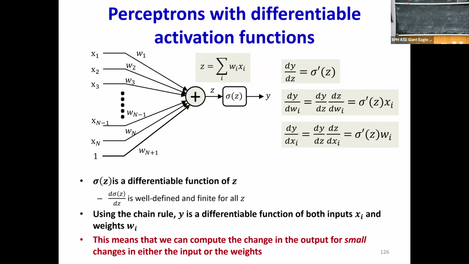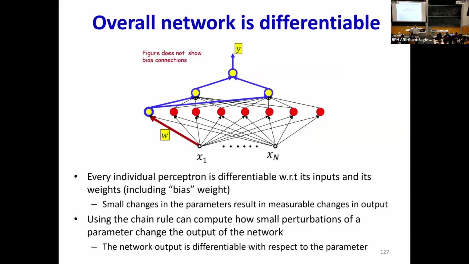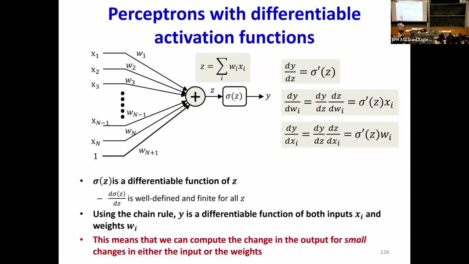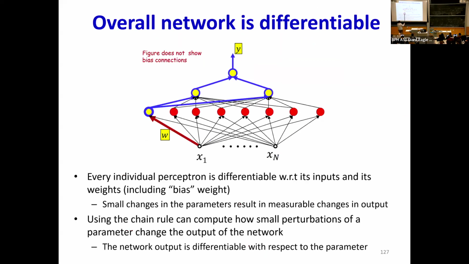And subsequently, when I have the chain rule over here, we'll go into it in a little more detail later. But what this means is that because the function is differentiable, I'm able to quantify how much a perturbation of w will perturb y. Which means in this network, I will be able to quantify how much a small perturbation of this w is going to perturb the output of this unit.